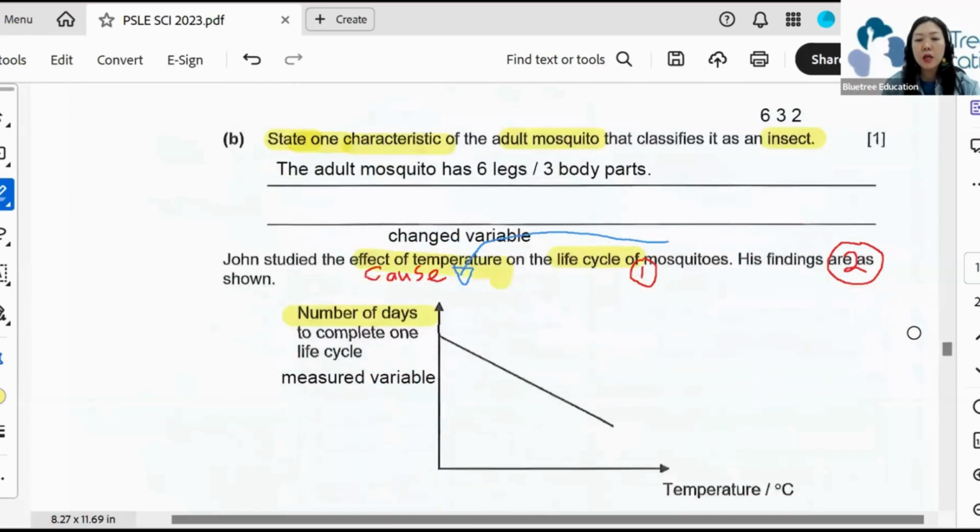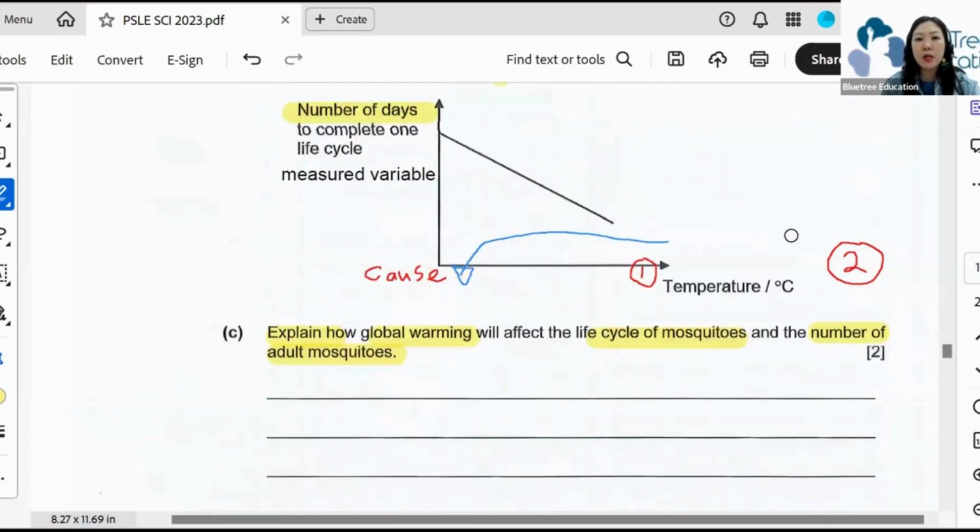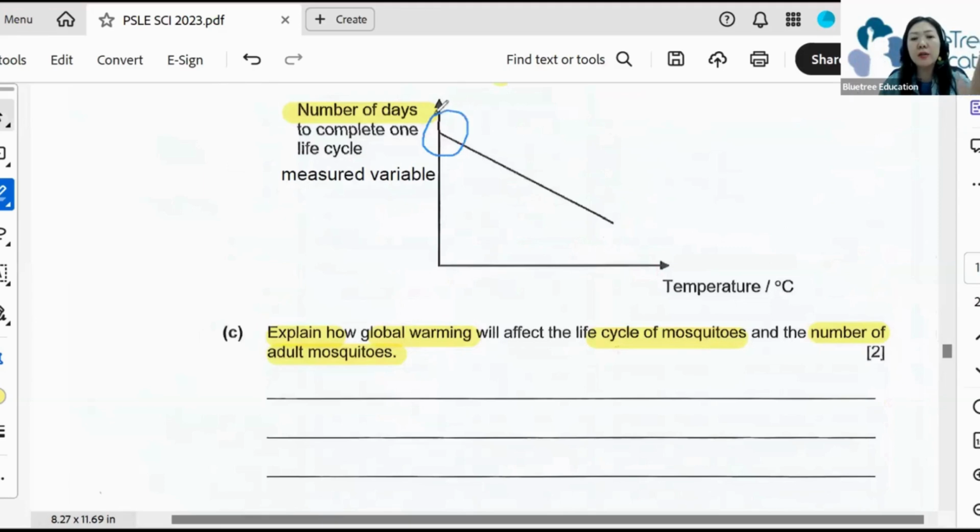So you can see that for the graph, children, can you see that when the temperature is very high, can you see that the number of days to complete the life cycle is also very high? Am I correct? Yeah, very good. So we are very alert. Yeah, teacher Joe actually analyzed wrongly.